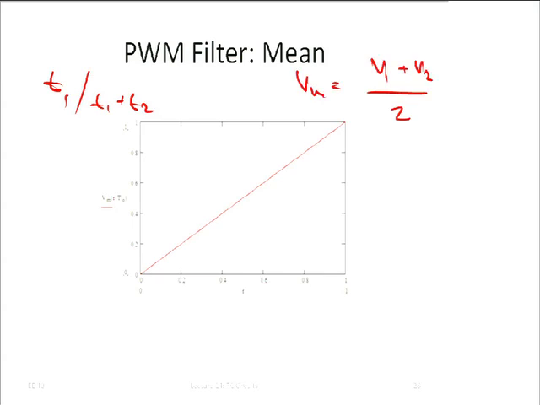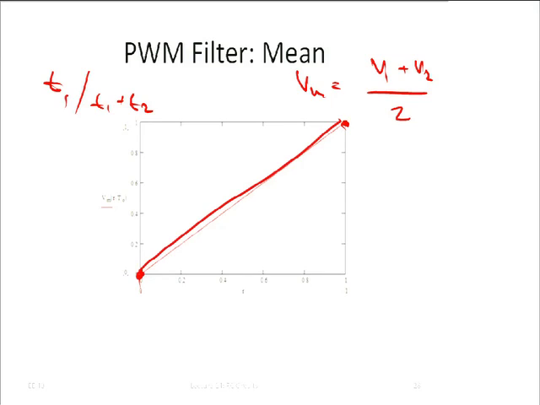And that should be, well, we should just start at 0, right, when T1 is equal to 0, and we should end up at VDD, 100% of VDD, when T1 is equal to T, the entire cycle, and T2 is equal to 0. In between, it should be linear. And that's what I got when I solved for the problem, and you can try this also.